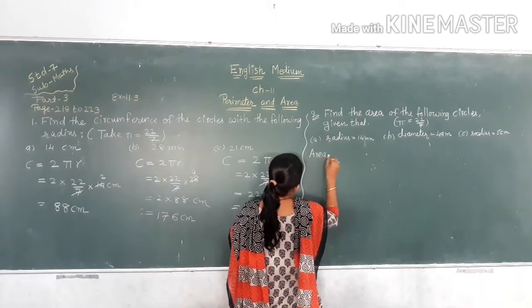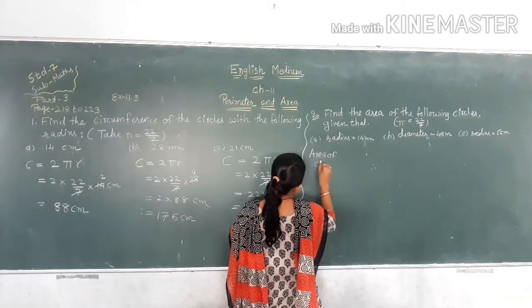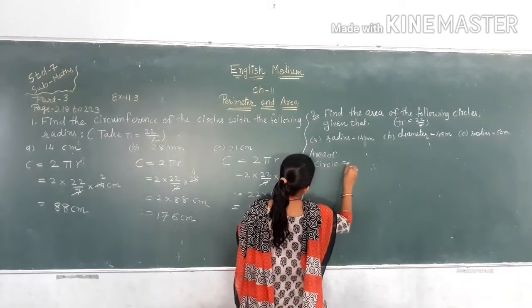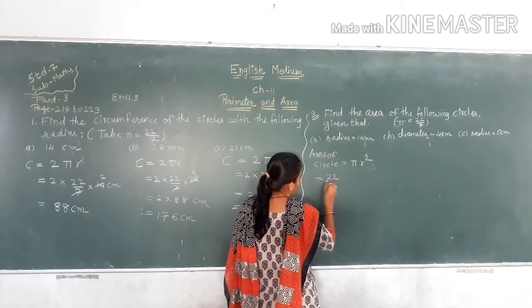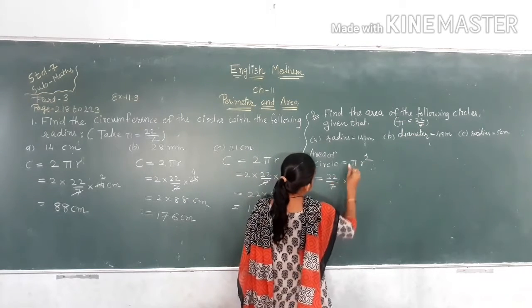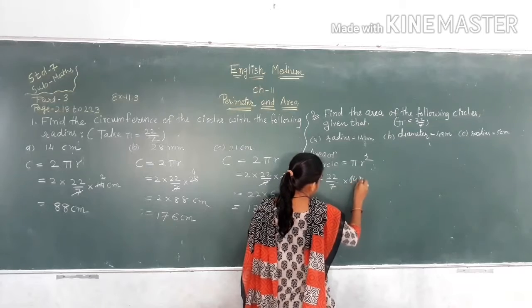So the area of a circle is equal to pi r square. Pi's value is 22 out of 7 and 14 square.